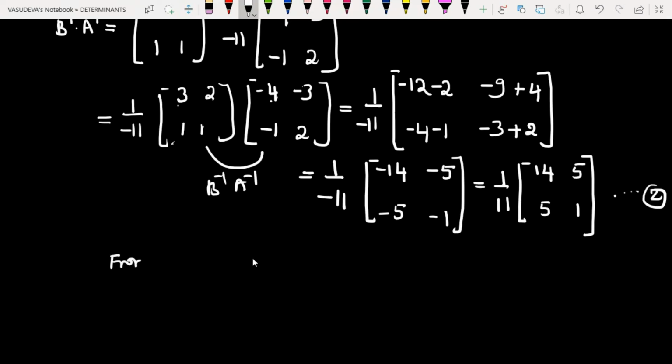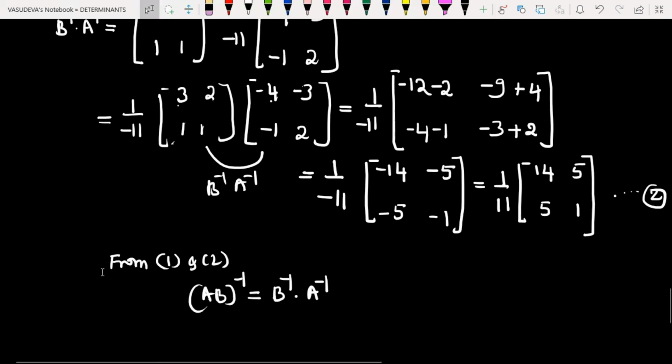From 1 and 2, we conclude that the inverse of matrix AB is equal to the inverse of B into inverse of A. That proves the property and verified the property for the square matrices A and B.